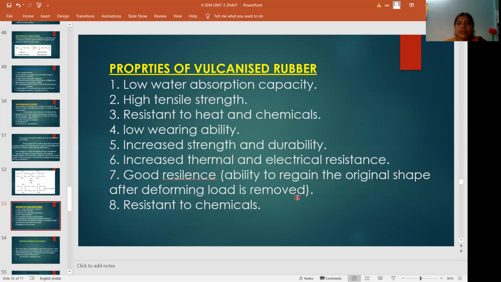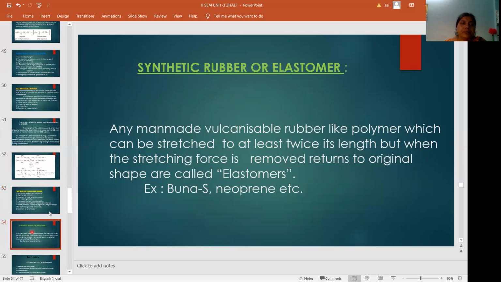When you apply the force, it will deform, and when you remove the force, it comes back to its original shape. That is nothing but good resilience. Already wrote resistant to chemicals here. So these are the properties of vulcanized rubber.